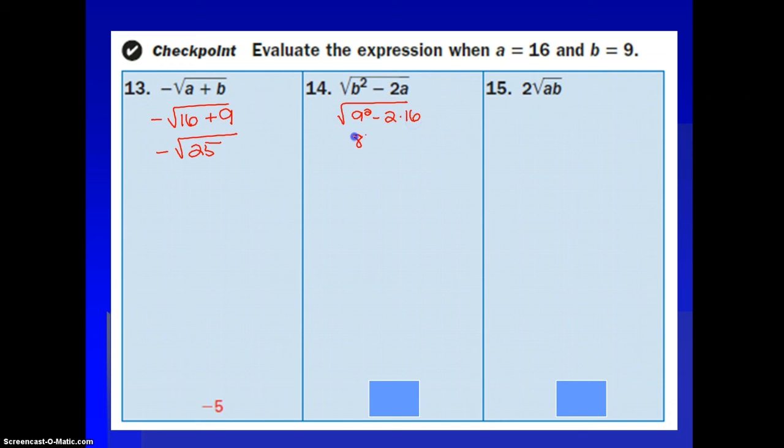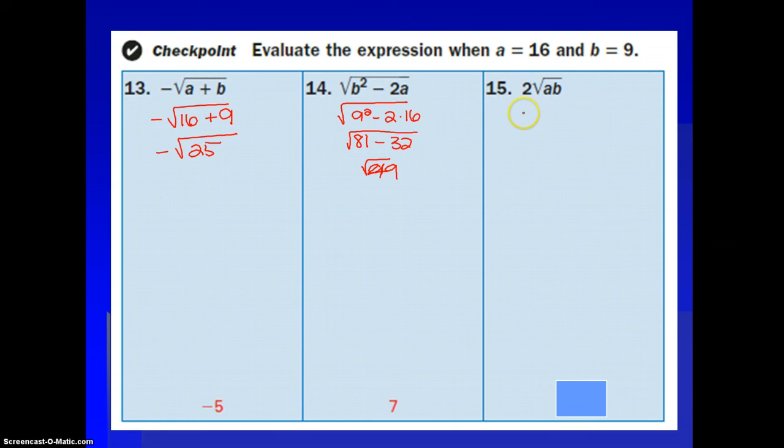Do the square first. 2 times 16 is 32. Bring down the square root. 81 minus 32 is 49. The square root of 49 is 7.